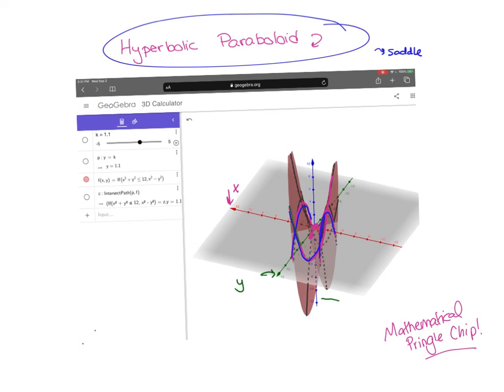So the y guys give me those upward parabolas, which we had said, and then the x guys give me those downward parabolas, which we had said. If I cut with the z's, then I'll see these hyperbolas, and I'm changing which direction my hyperbola goes, depending on if z is positive or z is negative. So we can think of this sort of as a Pringle chip or a saddle.